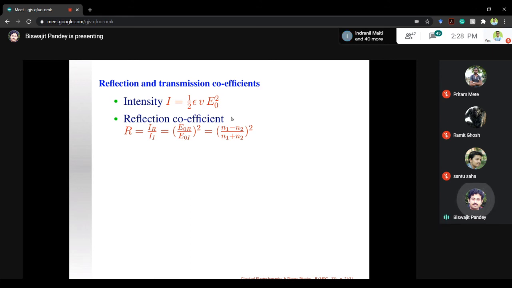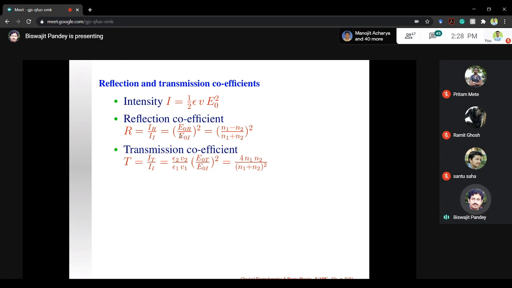Fine. So if you know the refractive index of the two media, you can easily tell what the reflection coefficient should be. Similarly, if you want to calculate the transmission coefficient, T has to be IT by I, the intensity of the transmitted wave divided by the intensity of the incident wave. Now, the waves are traveling in two different media. The transmitted wave is traveling in the second medium, the incident wave is traveling in the first medium.